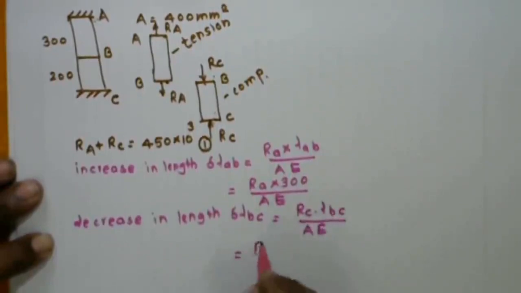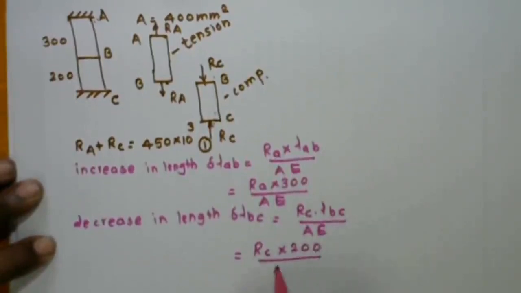So RC is unknown, LBC is known, that is 200, upon AE.